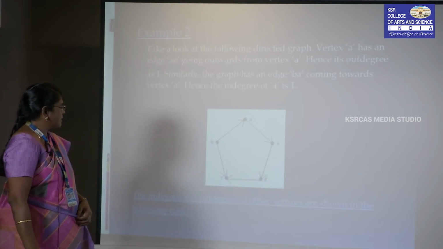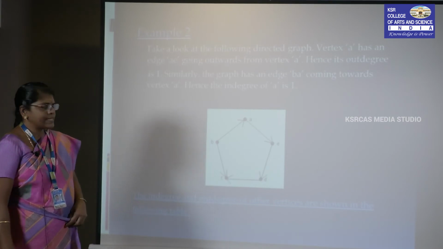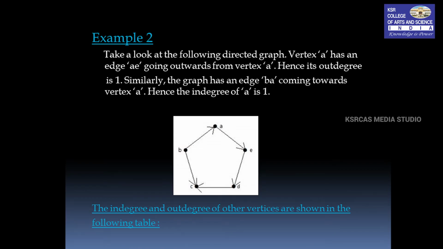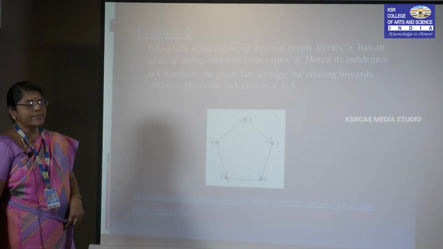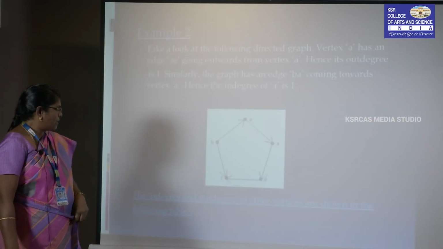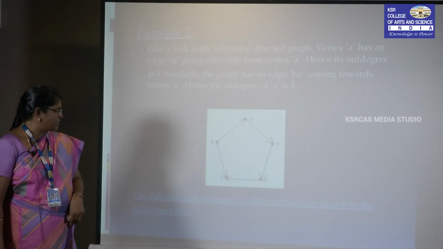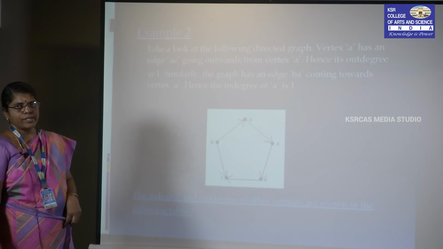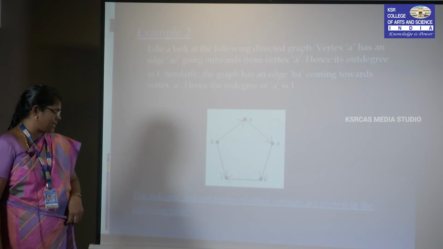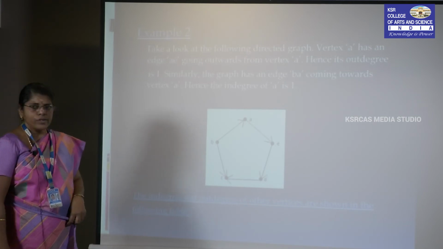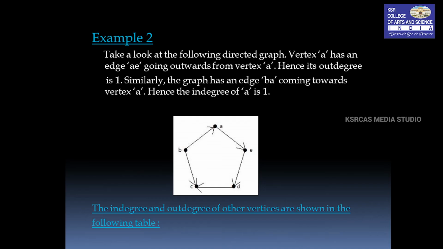See this another example. From the vertex A, there is one edge coming out from A, and it is connected to E. So the out degree of the vertex A is 1, and out degree of the vertex B is 2 because B is connected to the vertex A as well as with the vertex C. But there are no edges out from the vertex C, so the out degree of C is 0.